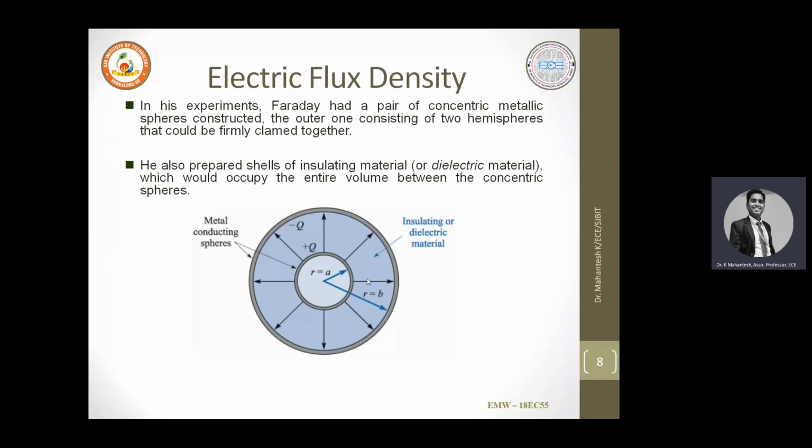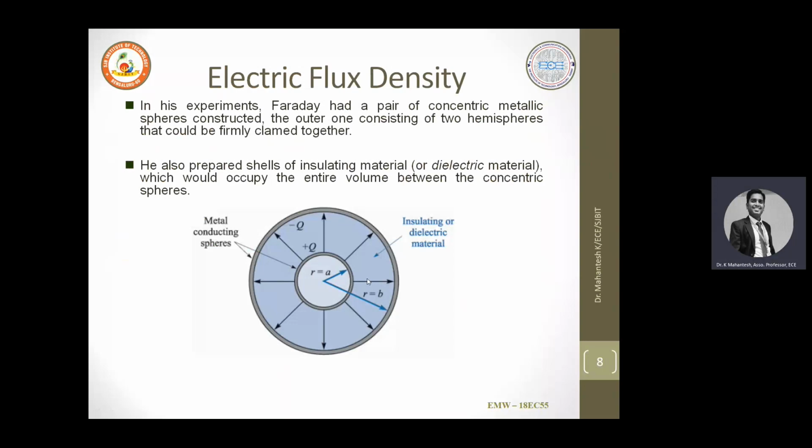The constant of proportionality depends on the system of units involved, and we are fortunate in our use of SI units because the constant is unity. If electric flux is denoted by psi and the total charge on the inner sphere by Q, then for Faraday's experiment, psi is equal to the total charge Q, and the electric flux is measured in coulombs.